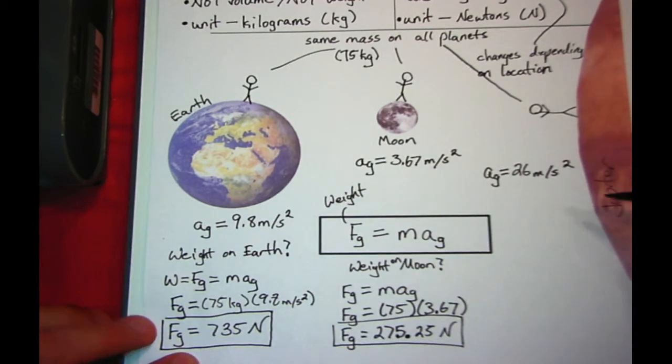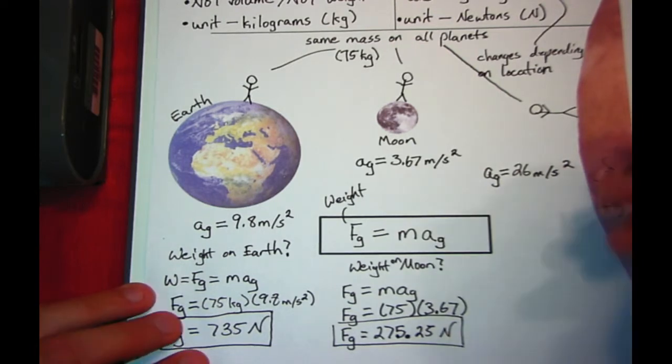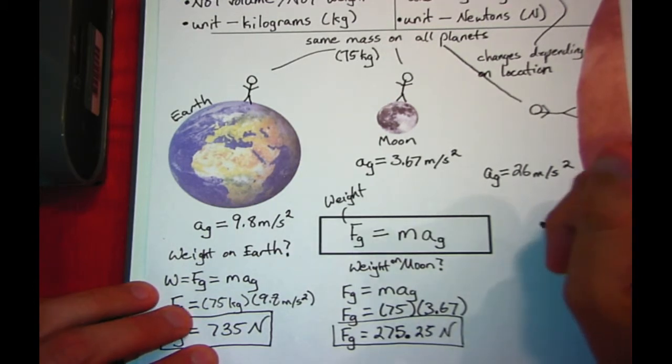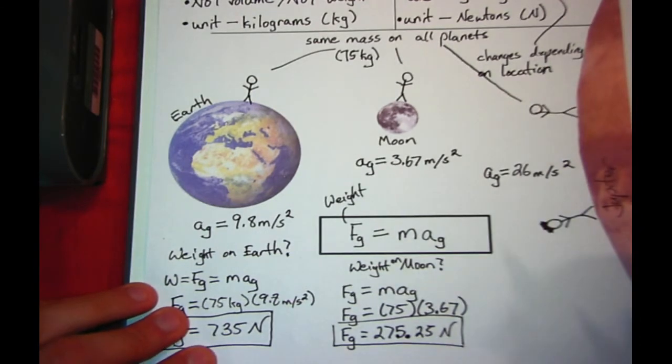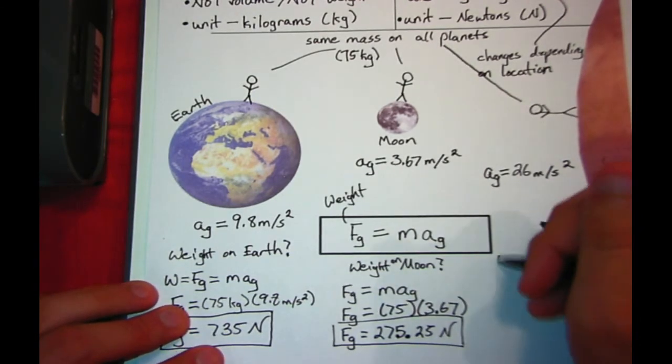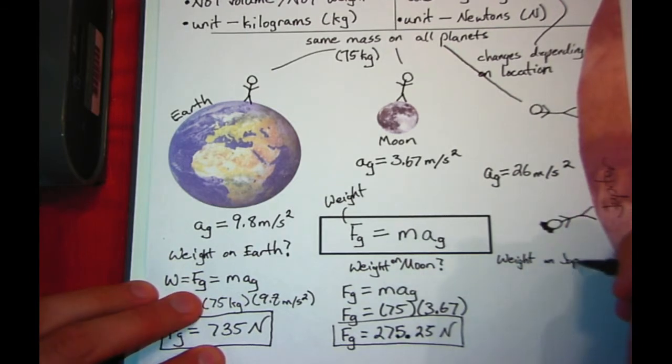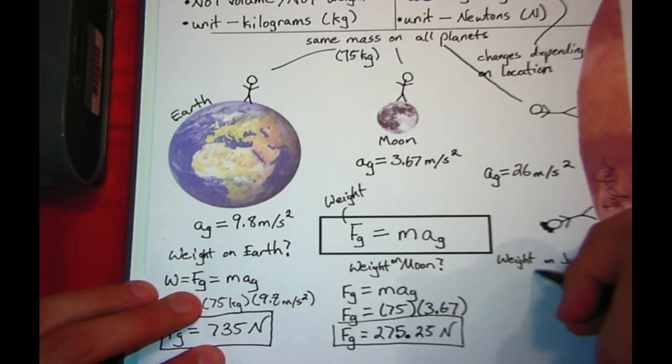So I'm going to give you guys a problem to work on. There might not be enough space here, so just work on it on the back of this paper. Let's say we have a different person, and we're going to put him on Jupiter. So he's going to have a different mass. And let's just say that his weight on Jupiter is 1,820 newtons.